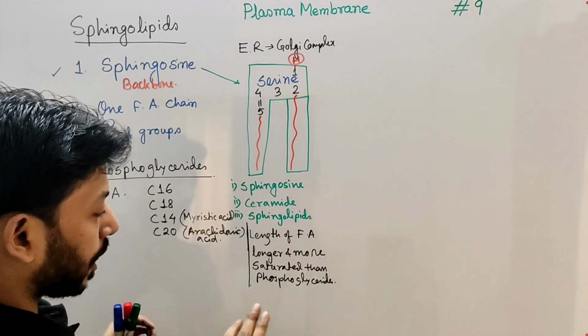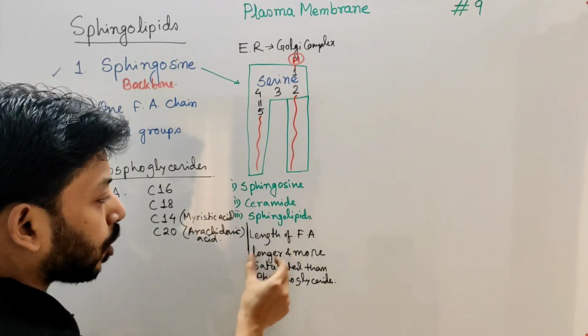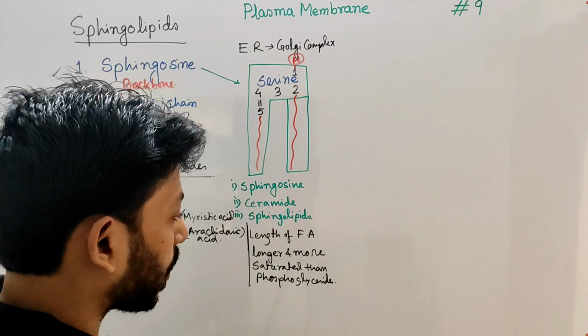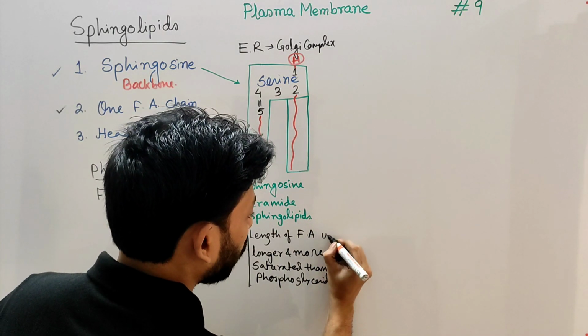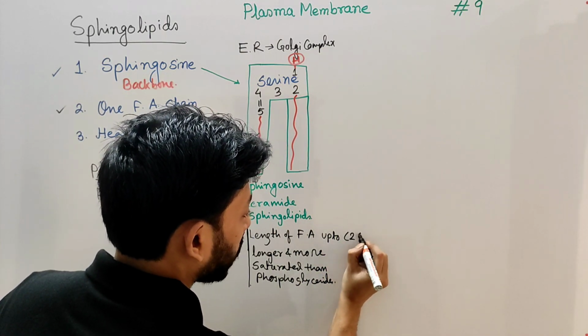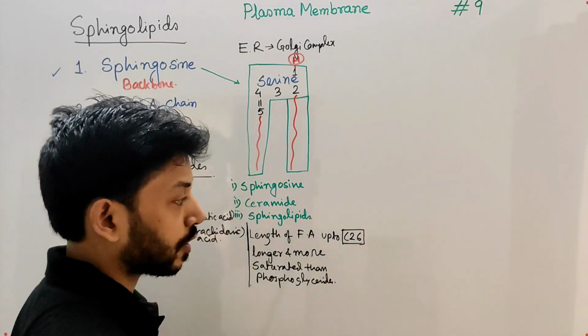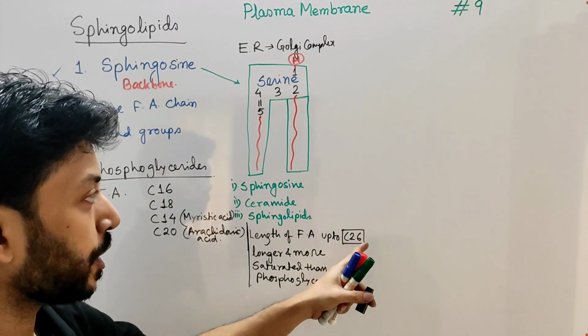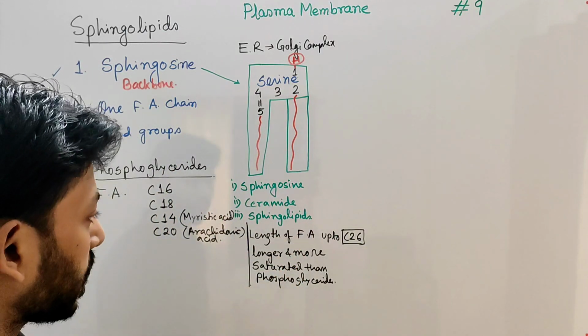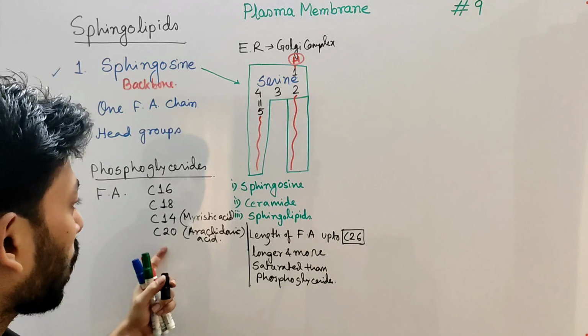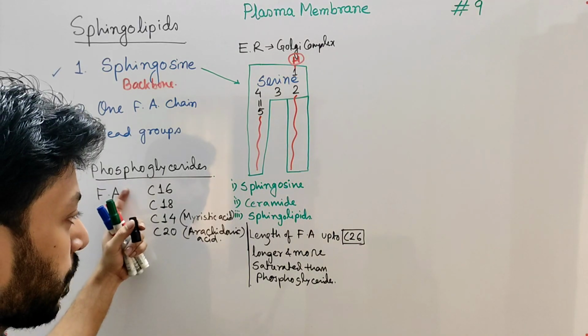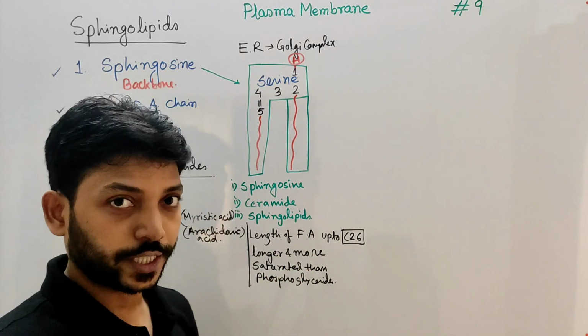At first, I want to mention that the length of the fatty acids, the number of carbon here, can go up to C26. So it is in most cases longer than the fatty acids present in the phosphoglycerides. Also, it is more saturated. Now, what is saturated?